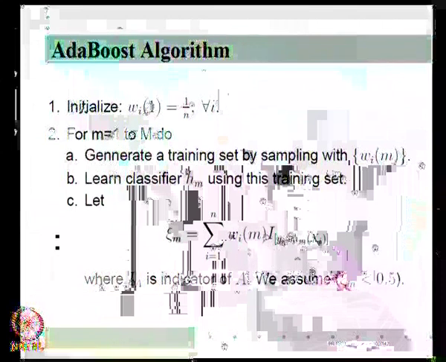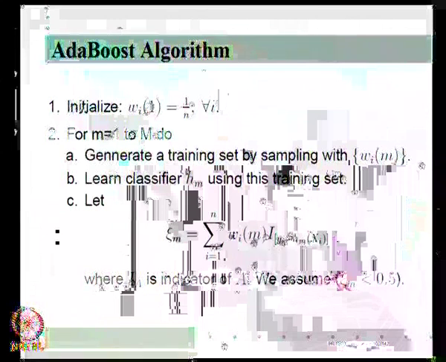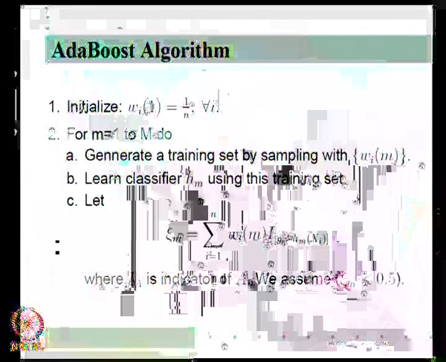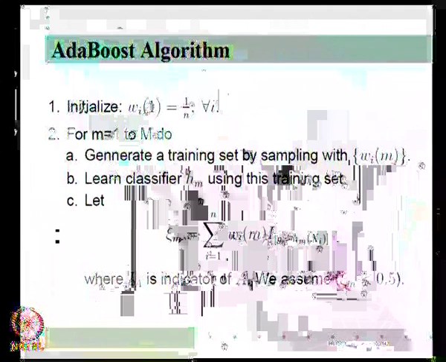Mind you, xi yi may or may not be in the actual training data set using which I learnt hm, but I do not care about that. Just after learning hm, for each i, if yi is not equal to hm xi, that is, if I made an error, then I add wim for that error. So, errors are not simply counted, they are weighted by the current weights.